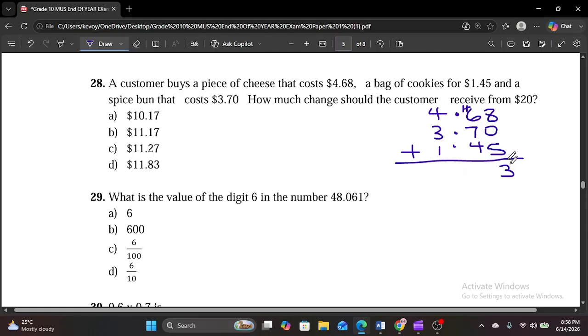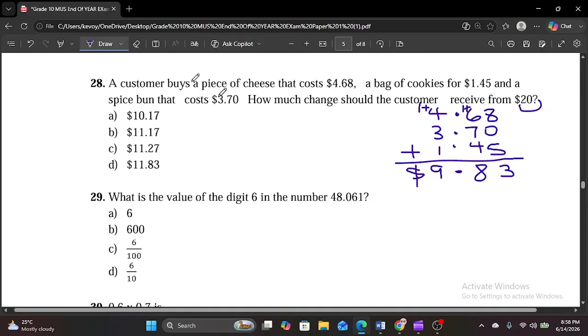So 8 plus 5 is 13. 6 plus 1 is 7. 7 plus 7 is 14. 14 plus 4, that's 18. Carry the 1 to be added. 1 plus 4 is 5, plus 3 is 8. And then we have 9. So the total is going to be $9.83. But we're not finished because guess what? We paid with $20. So how much change should we receive?